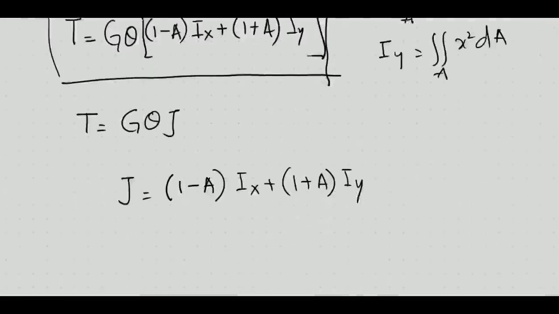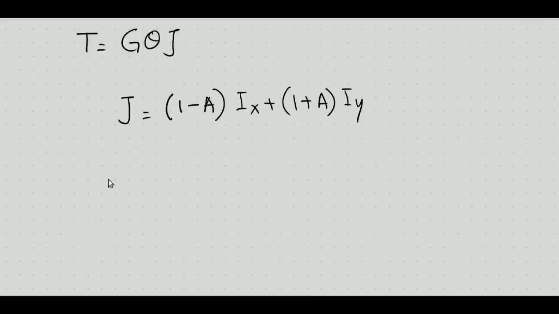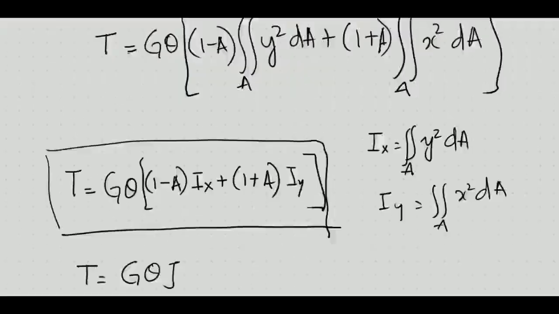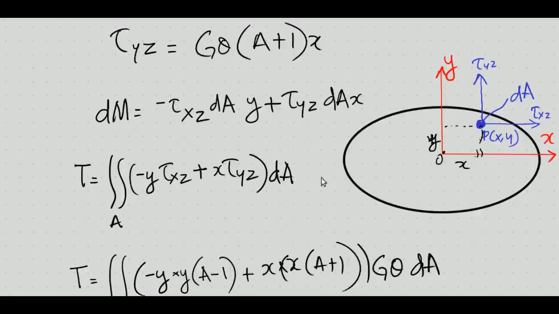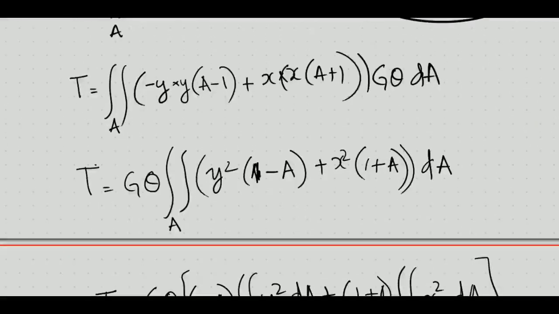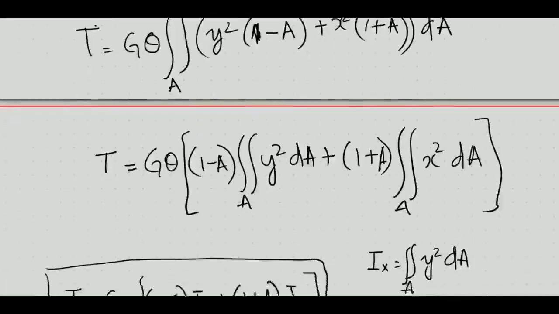Here, substituting the values of Ix and Iy, we have in the case of an ellipse like this, where 2a is the major axis and 2b is the minor axis, represented by the equation x square by a square plus y square by b square is equal to 1.